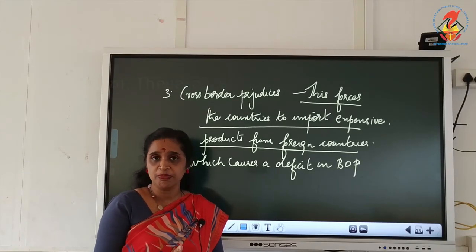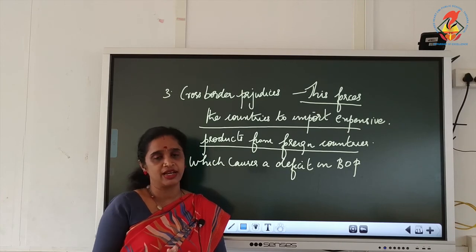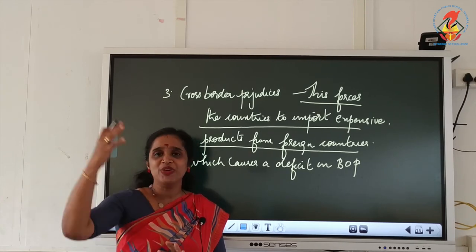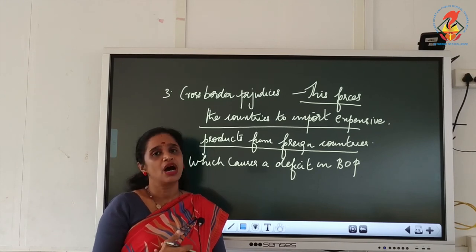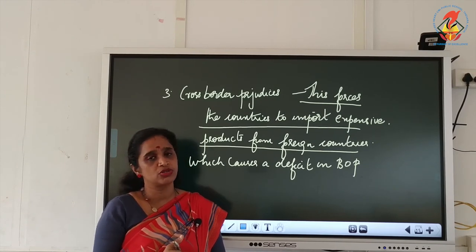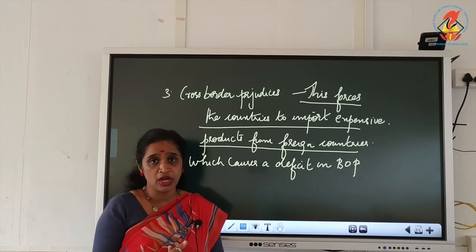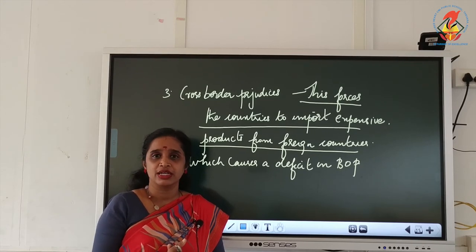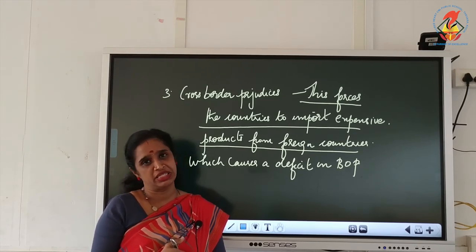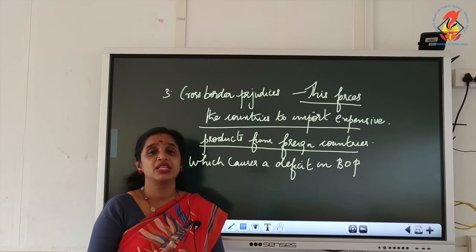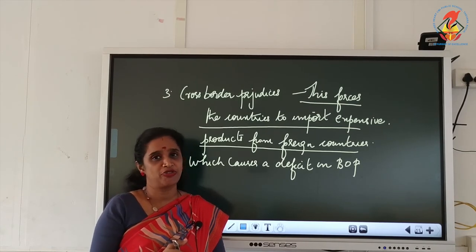If that condition persists, the government of a domestic country like India is forced to import expensive goods from outside. So, our import will be more. More and more money will be flowing outside from our country. That means payment will be more than the receipt. So, what will happen? There will be deficit in the balance of payment.